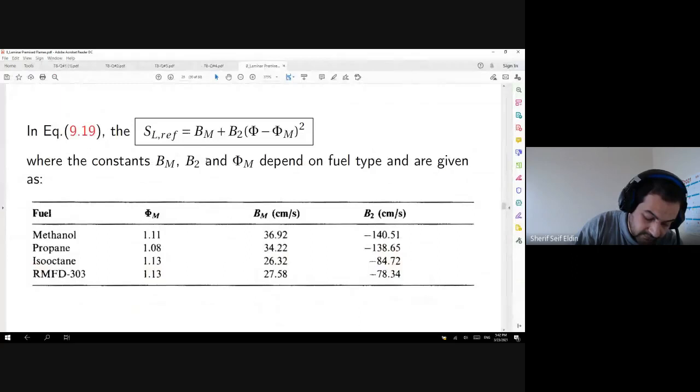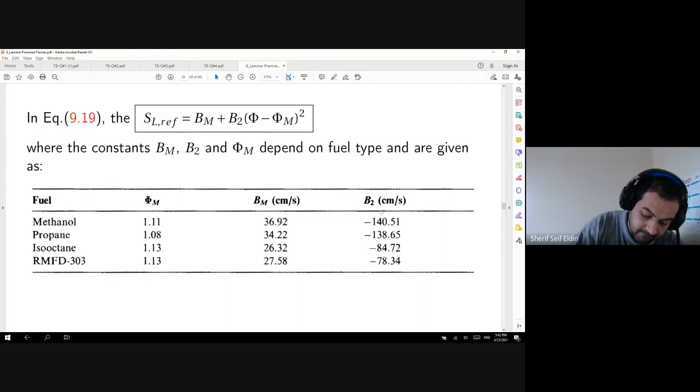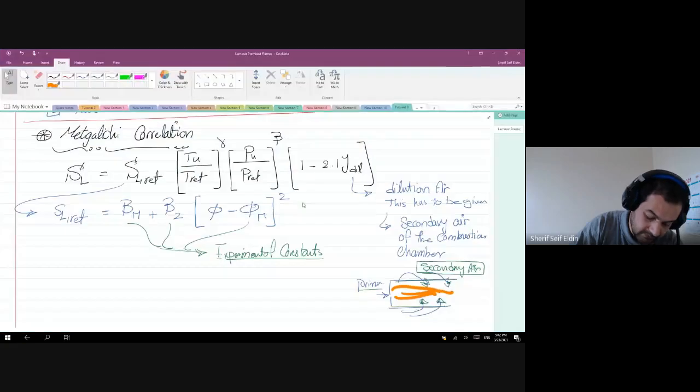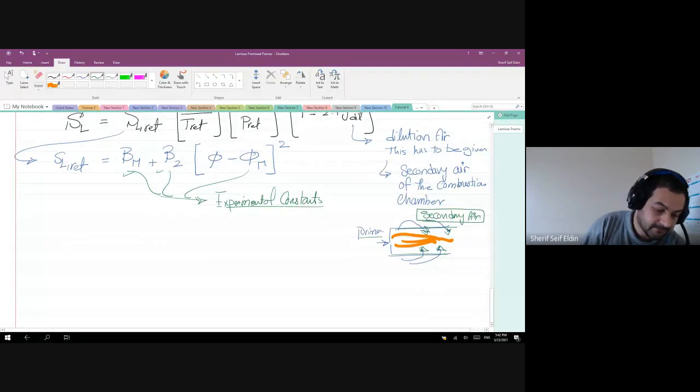So Bm, B2, and phi m, depending on the fuel type, are given as here, right? So that's phi m. They all depend on the type of the fuel, and Bm and B2 are our constants for the reference laminar flame speed, right? And also they depend on the fuel type, right? So now we get Bm and phi m.